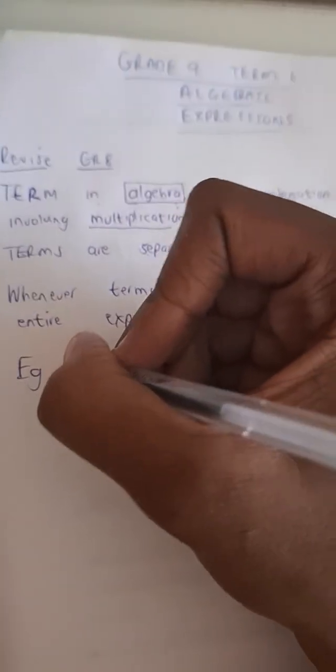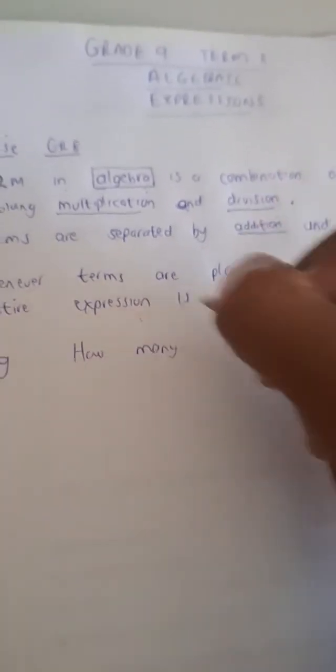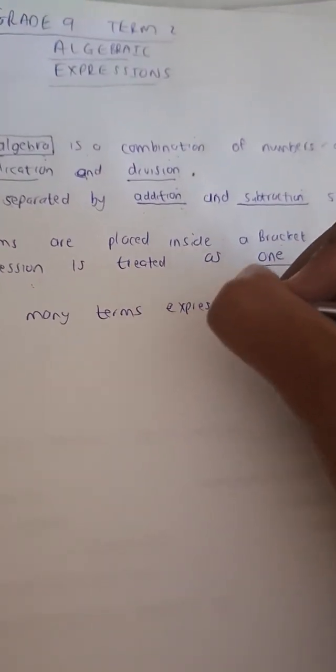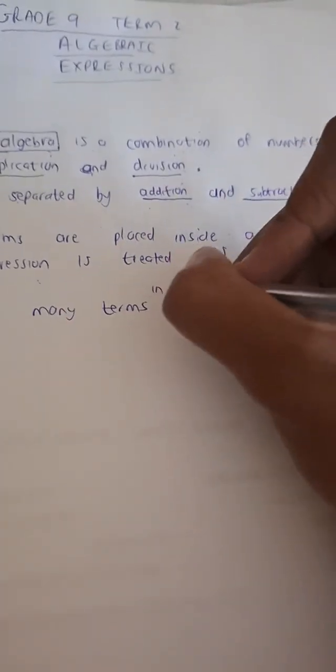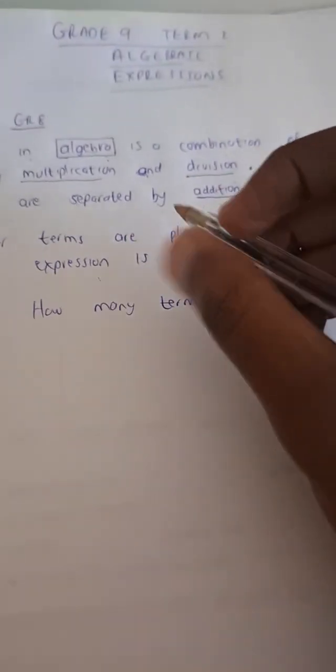So, example, I want to ask here, how many terms, let's do this activity fast. How many terms in this expression? Look at the following terms and tell me how many terms are in the expression.